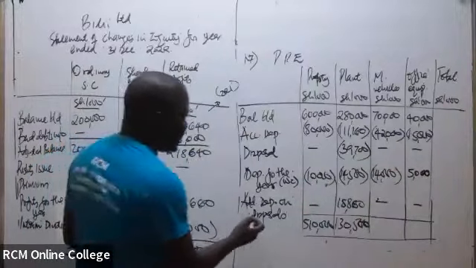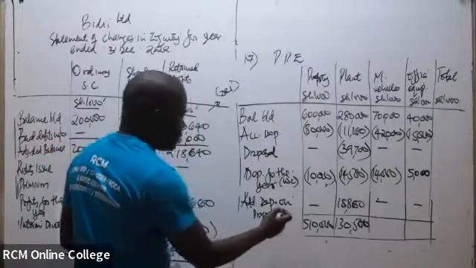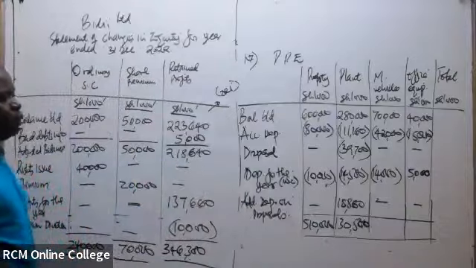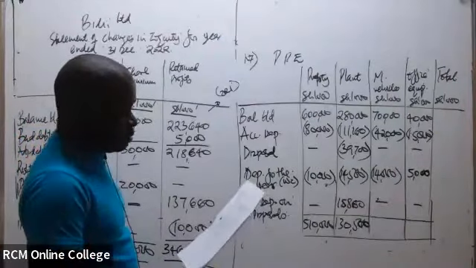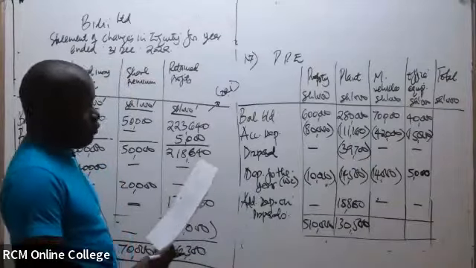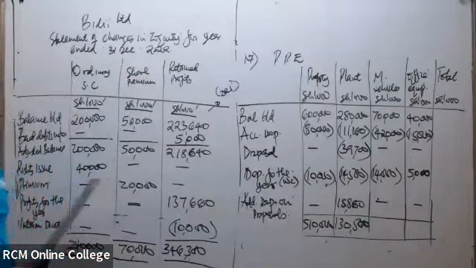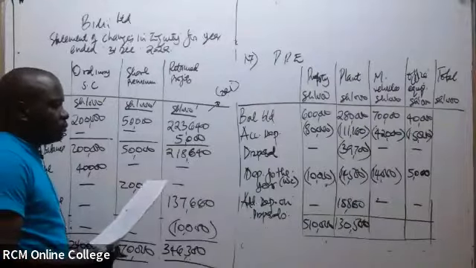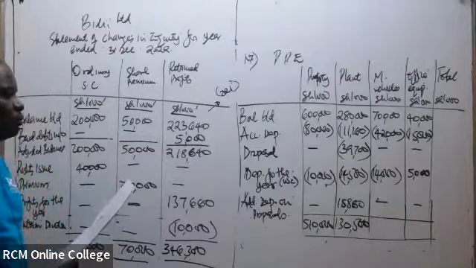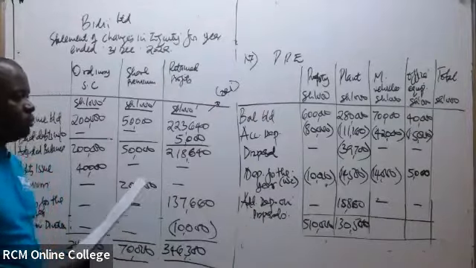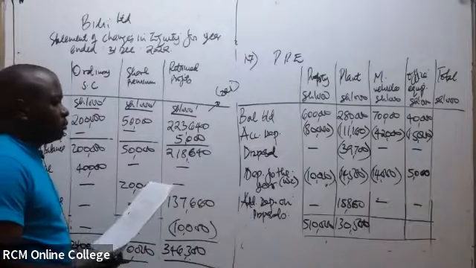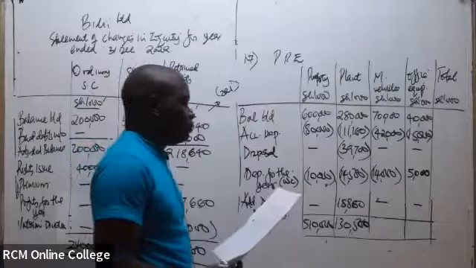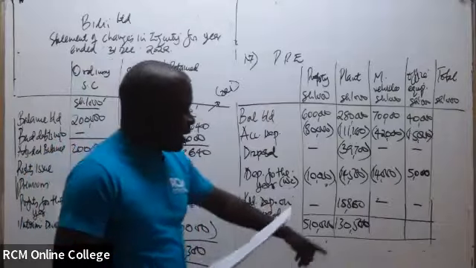But we have to add back depreciation on any item which had been disposed of. So you'll get 135,000.